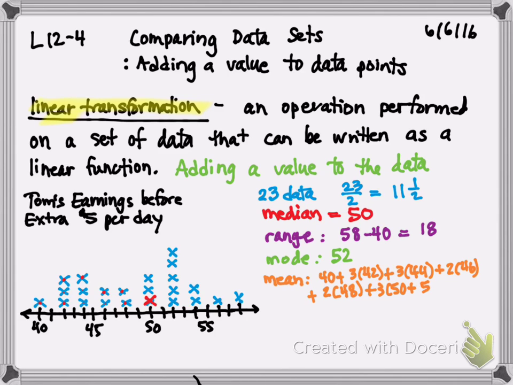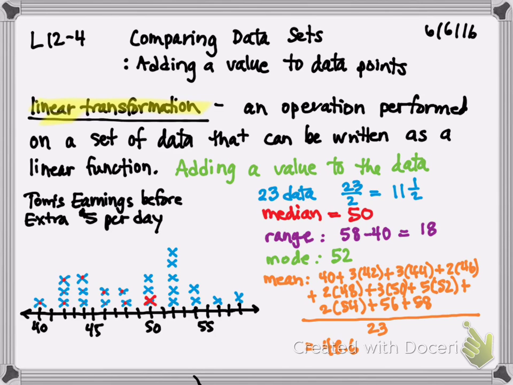I have 5 numbers at 52. I have 2 numbers at 54. And then I have a number at 56 and a number at 58. And then I'm going to take all of those numbers, multiply them out, add them together, divide by 23, and I get the magic number of, trust me, 48.6. We will do one by hand, but it's going to be a much shorter set of data.